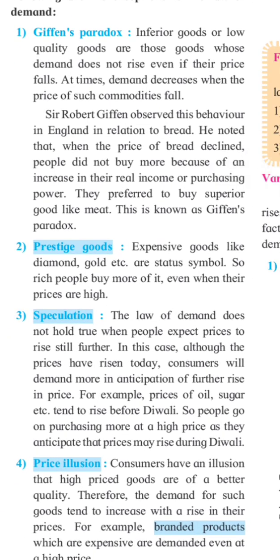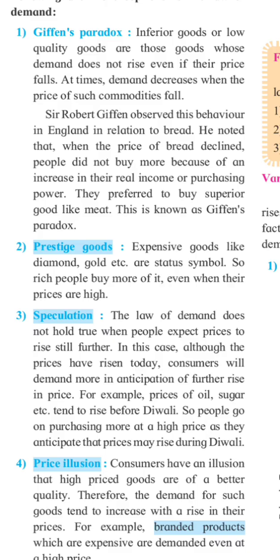So first is the Giffen paradox. Consumers buy more inferior goods even when the prices rise. Example, Sir Robert Giffen observed this behavior in England in relation to bread. He noted that when the price of bread declined, people did not buy more because of an increase in real income or purchasing power.